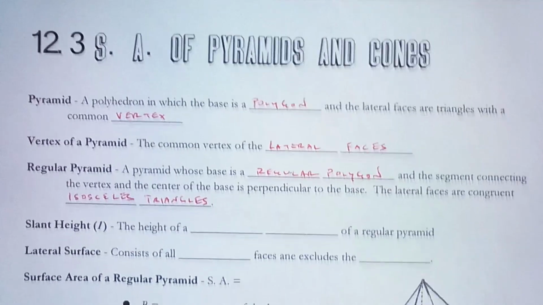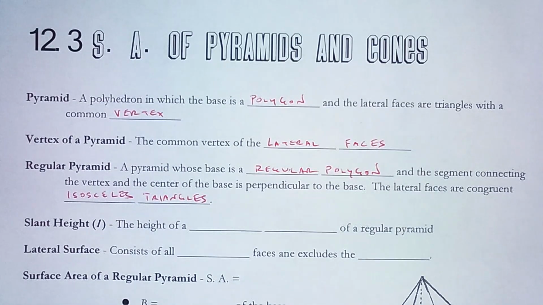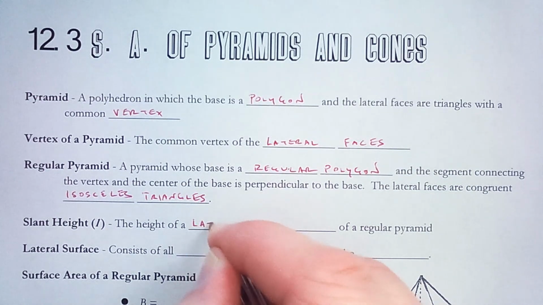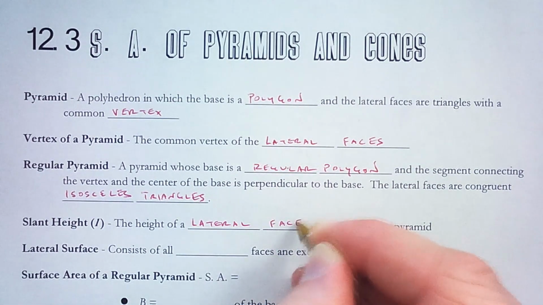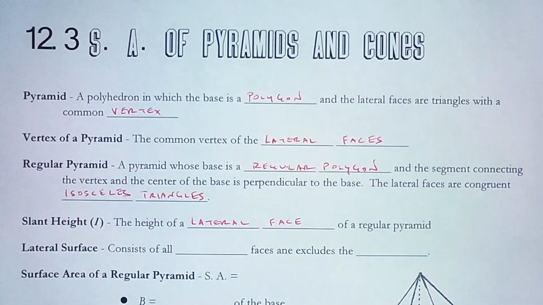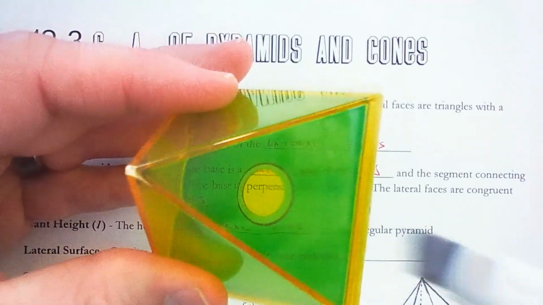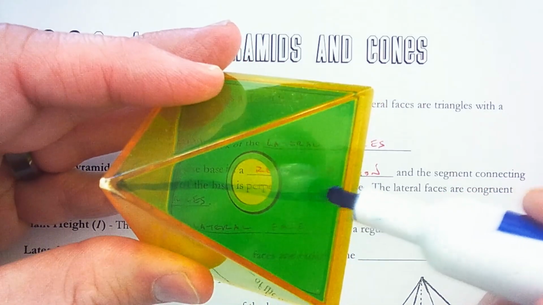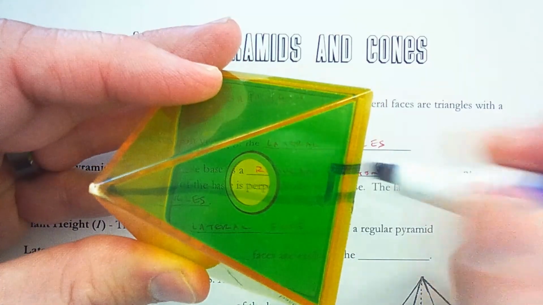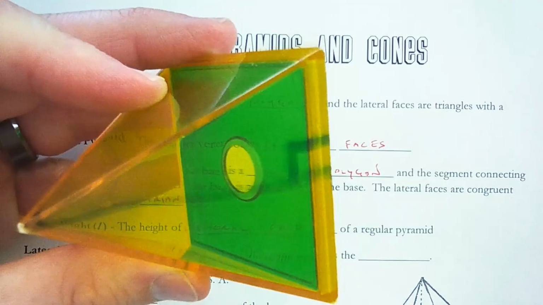The slant height of a pyramid is different. That is the height of a lateral face of a regular pyramid. The slant height is important in finding the surface area of a pyramid. The slant height looks like this. It goes down the side of the pyramid and it is perpendicular to that base edge.